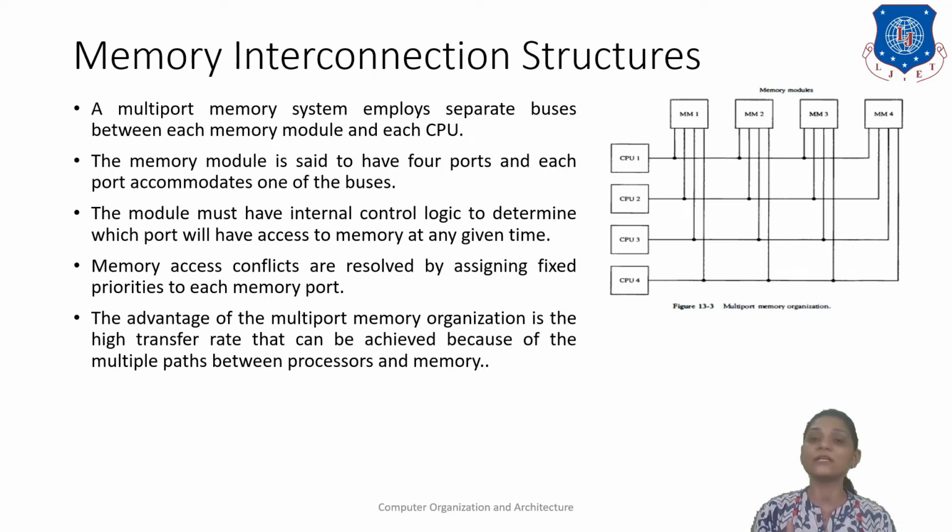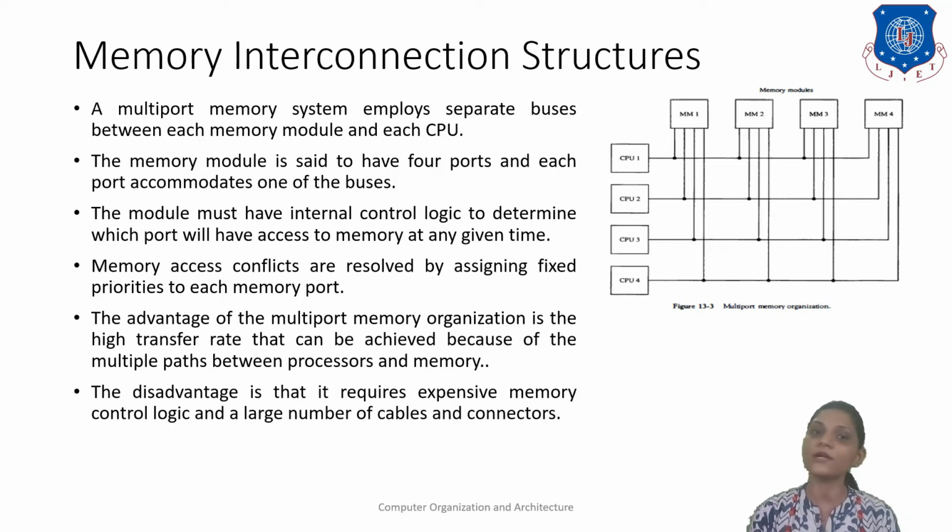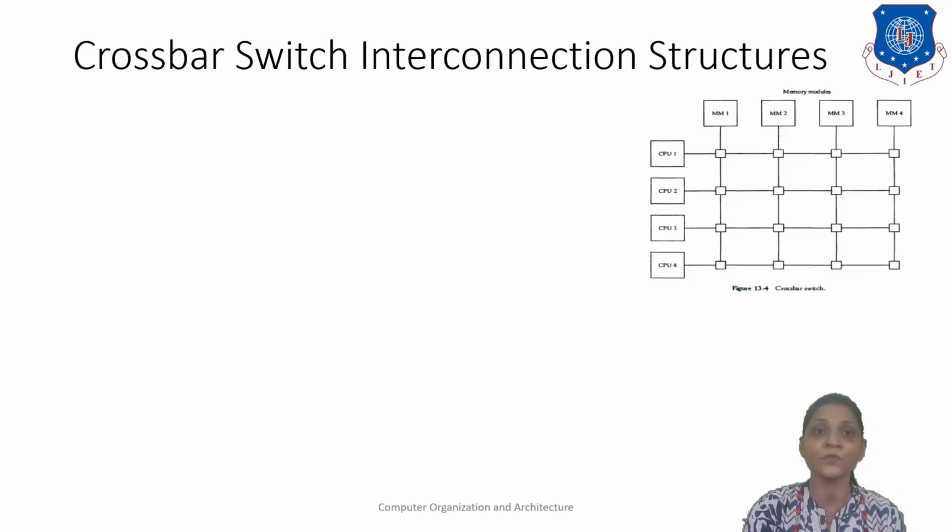The advantage of this multiport memory organization is that we can achieve a higher transfer rate, because we have divided the memory into modules and you can access those modules in parallel. The disadvantage is that it requires expensive memory control logic and a large number of cables and interconnections, so your system will be bulky and somewhat complex.